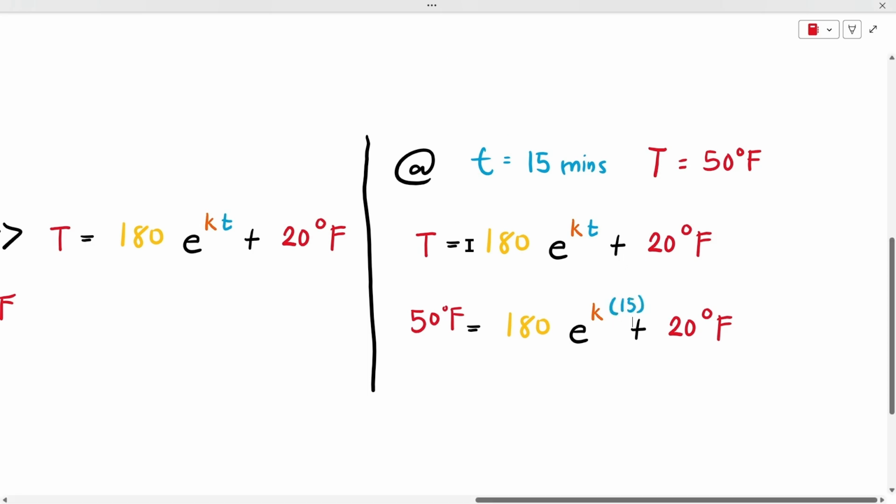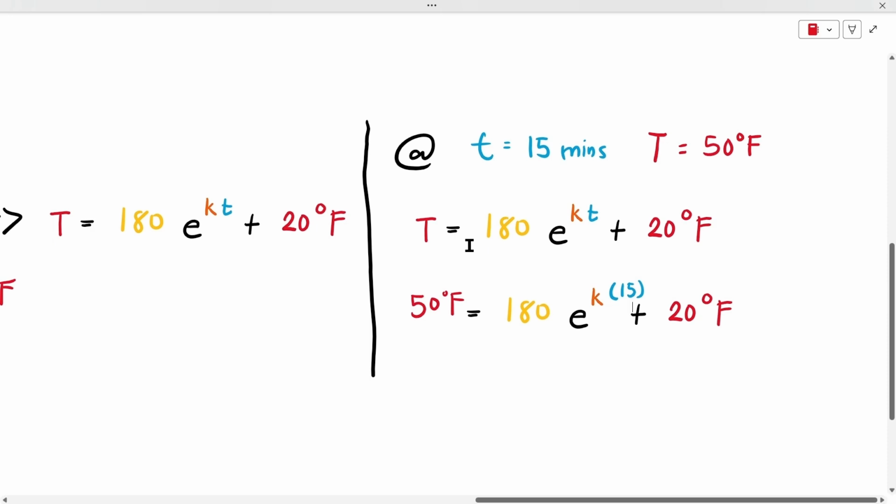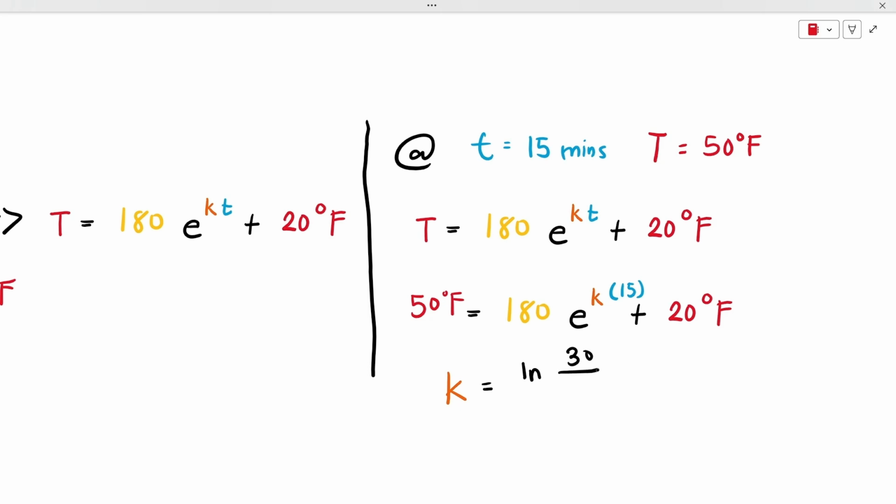We could get the value for K, the proportionality constant, and this K is equal to the ln of 30 over 180, all over 15. Let's further simplify.